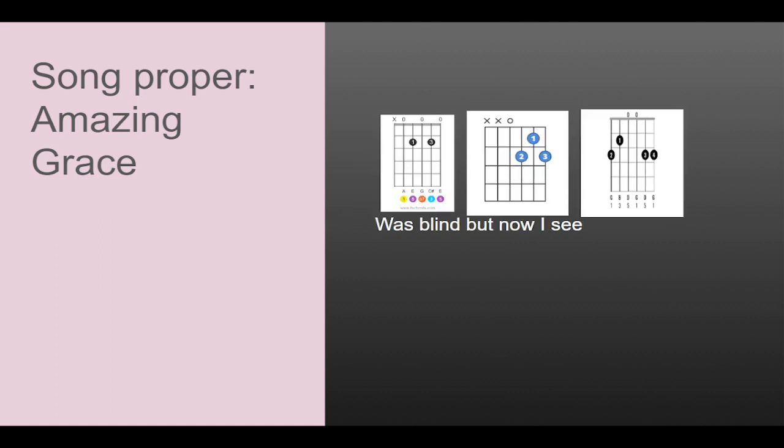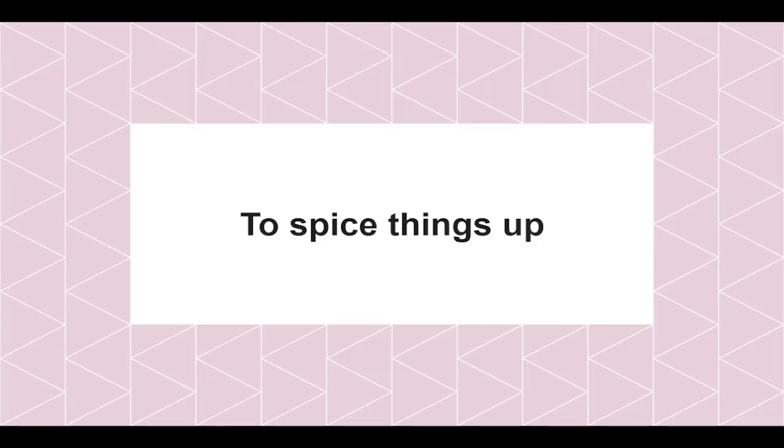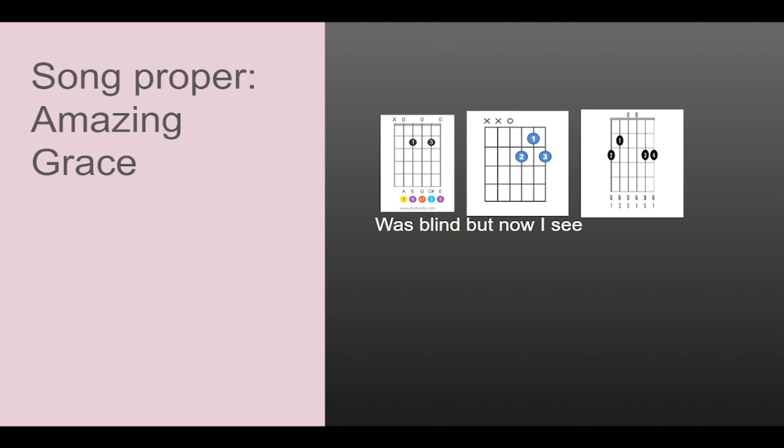As you notice, this is really basic. G, D, as you see. To spice things up, that is for another video. The chords are pretty basic. The G, C, D are just there.